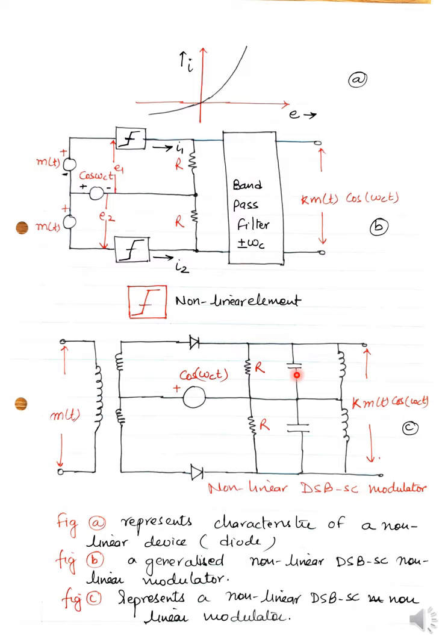If you remember, XC is equal to 1/ωC, and XL is equal to ωL.